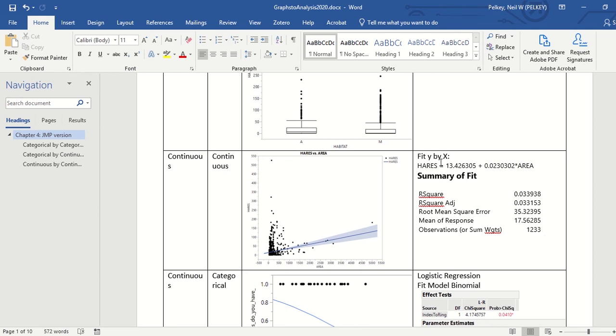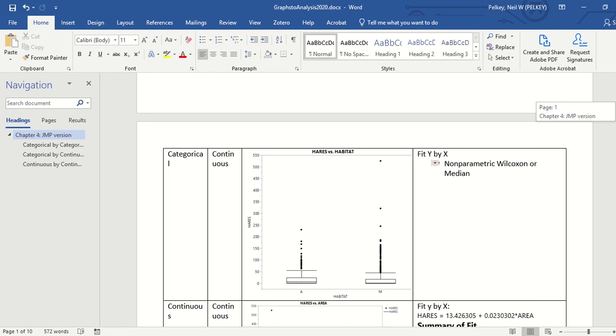But we fit this, again, using the fit Y by X, and we will use a linear regression approach and test that hypothesis. The hypothesis we're testing here is that there's no relationship, and no relationship means the slope of this line is not significantly different than 0. So our null hypothesis there is that the slope of the line is 0.